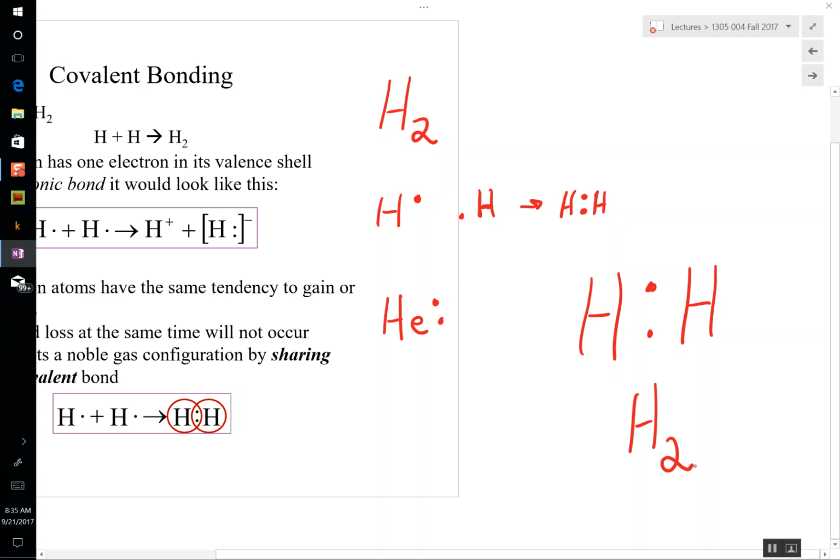You buy a cylinder of hydrogen, what's floating around in it are H2 molecules, not hydrogen atoms. You buy a cylinder of helium, or you go to HEB and you say, I want to get my sister a balloon. It says, congratulations. Well, they're going to fill it with helium. What's going to be in that balloon?